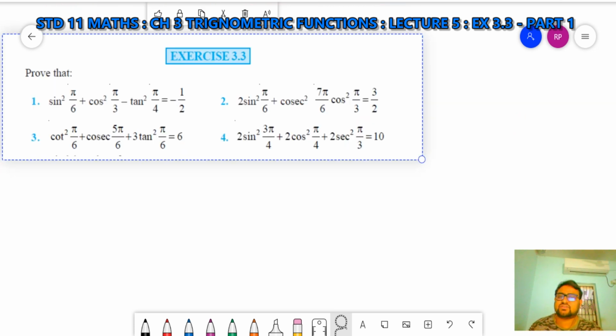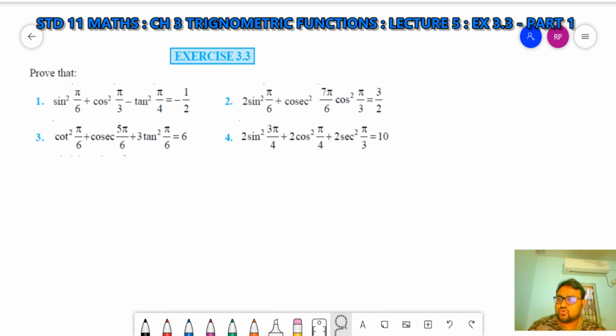Question number 1, 2, 3, and 4 are just based on the values of trigonometric functions having specific angles. Now remember this: pi by 6 is 30 degree, pi by 3 is 60 degree, pi by 4 is 45 degree, pi by 2 is 90 degree. Clear? Okay, so let's start with the first one.